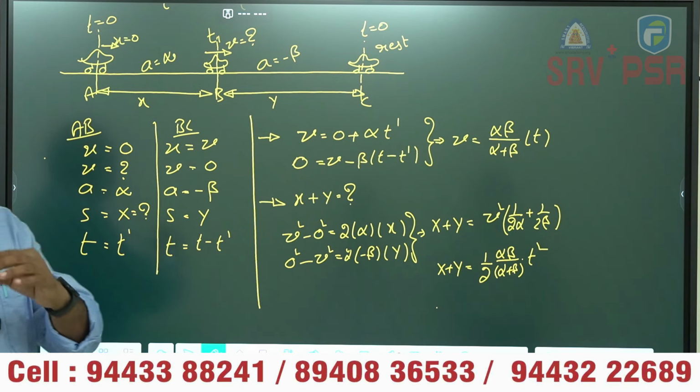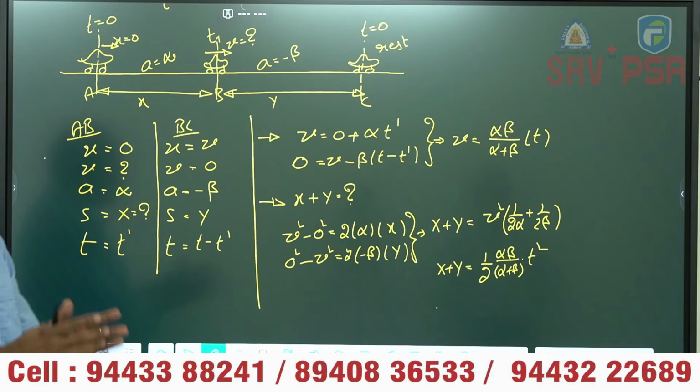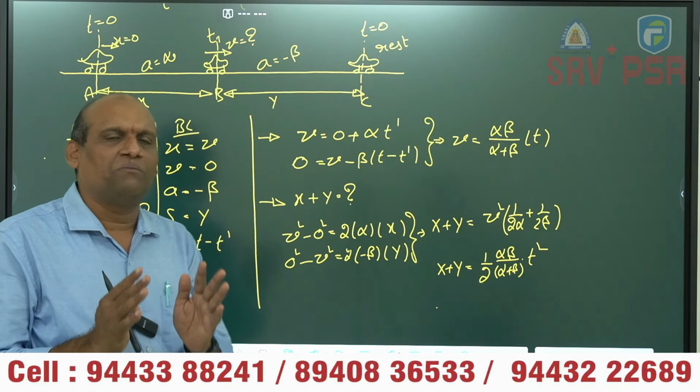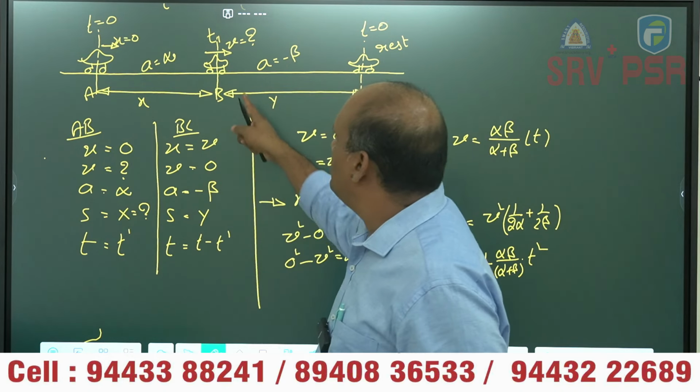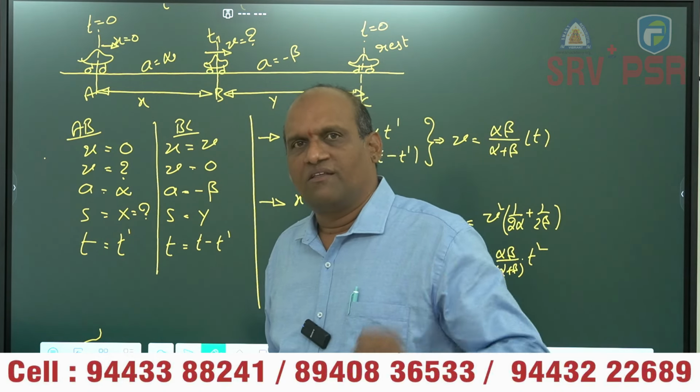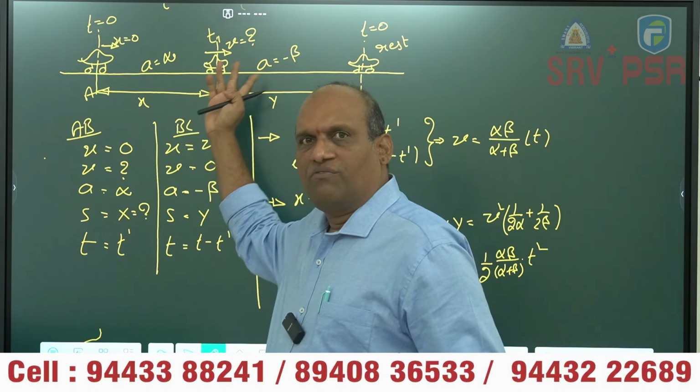So these three questions cover the entire concepts of the motion of a particle along a straight road, and I can solve the same question with graphs. That means plot the velocity time graph.